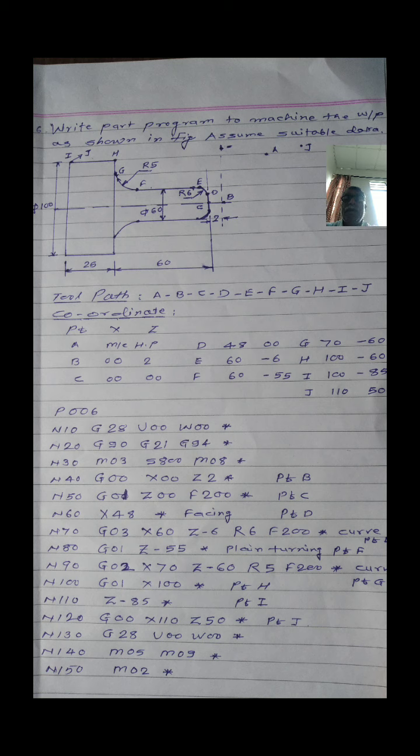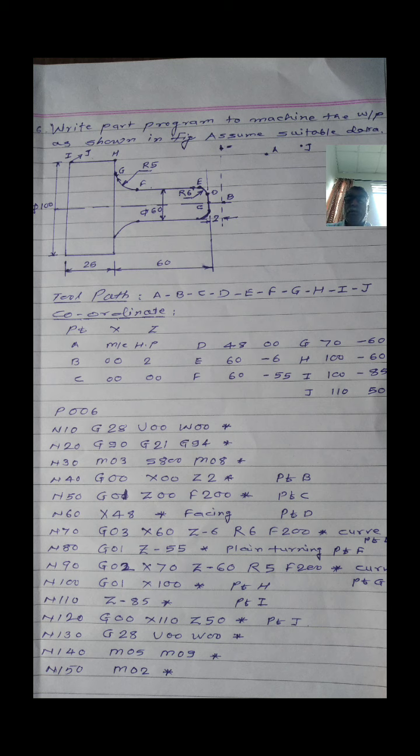You can just mention the coordinates of the point D. Coordinates of the point D are X48 and Z0. Z0 is already mentioned in the previous block, means tool will move along the x-axis only to perform the facing operation. Therefore, during the block number 60, the facing operation is performed and the tool will be reached at point D.